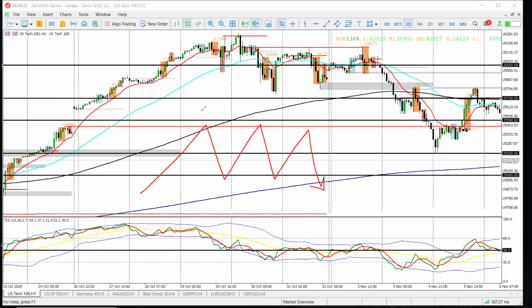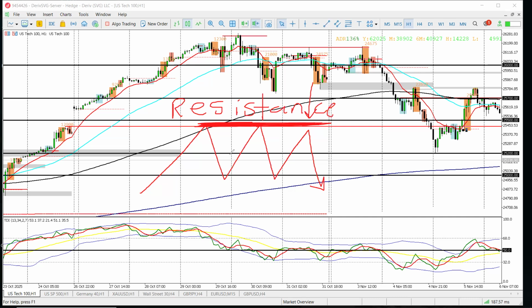Once you get two equal points, you just mark them into the future. Then you're waiting for price to come back into this area. That's your resistance. On the bottom, it's support. On the top, it's resistance.